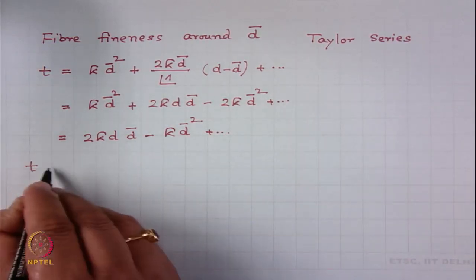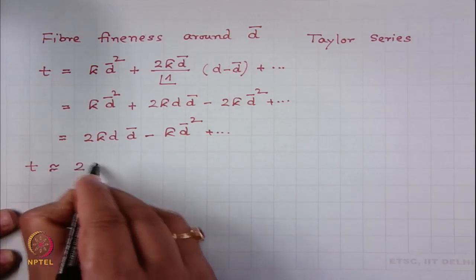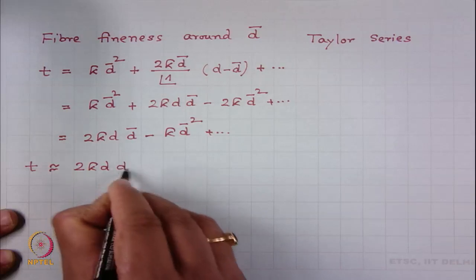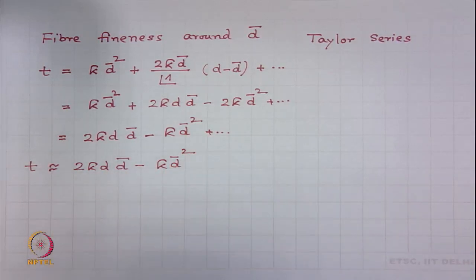Approximately we can write, taking the first two terms of Taylor series, what will be the mean and variance of T?